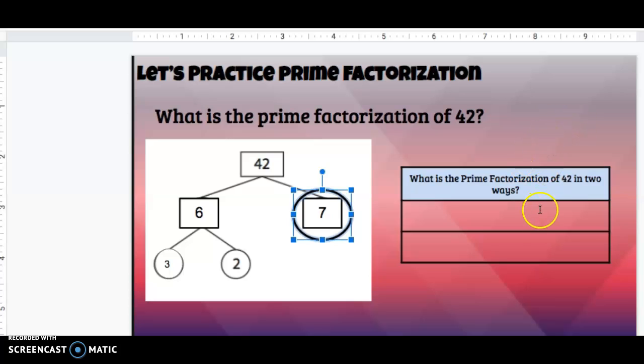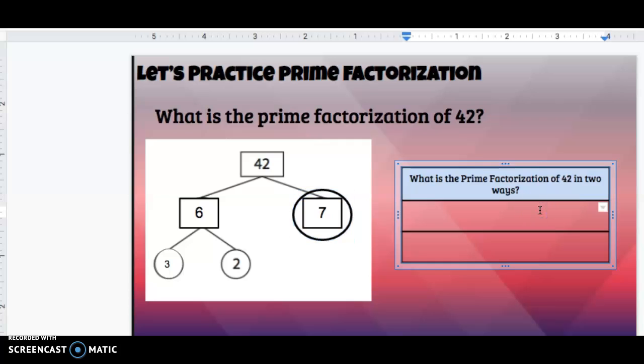Now we have to write out our prime factorization. So I double click. Remember, it's only our prime numbers, the only numbers that you circled. I have 3 numbers circled, and I need to make sure I put them in order from least to greatest. So I write 2 times 3 times 7, because 2 is circled, 3 is circled, 7 is circled.